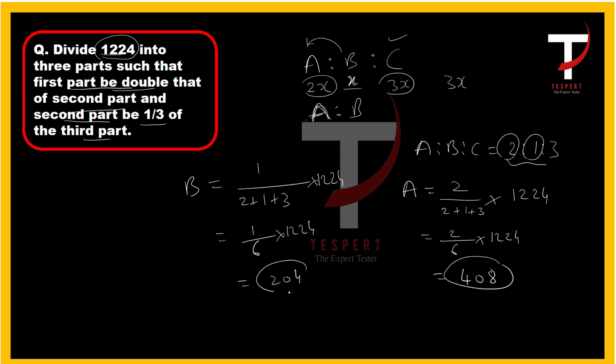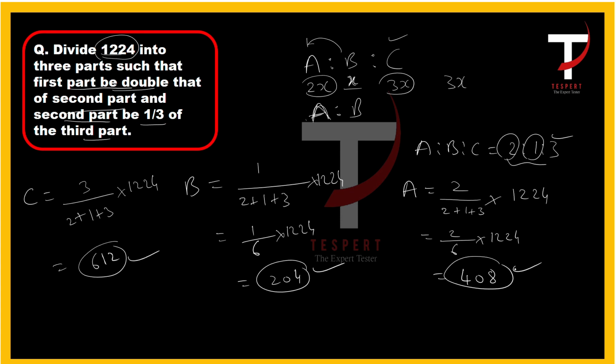Calculate for C in the same manner. What is C's part? Here 3, right? So 3 by the sum of total parts, 2 plus 1 plus 3, into 1224, which is equal to 612. If you add these, we will get 1224.